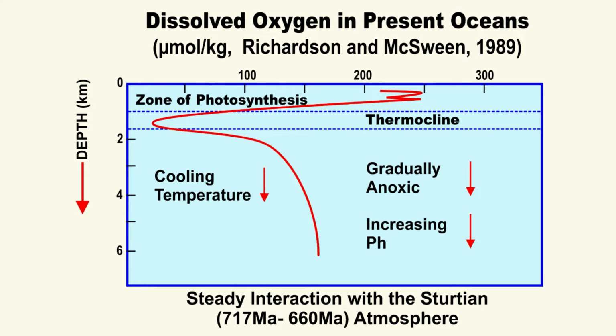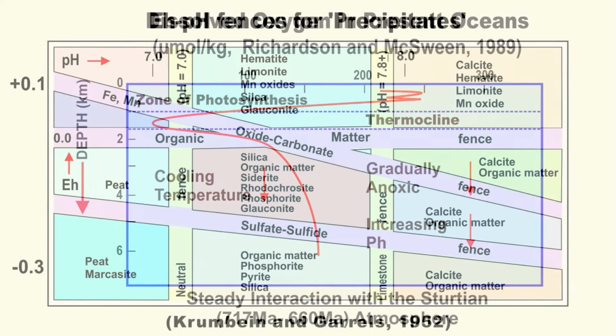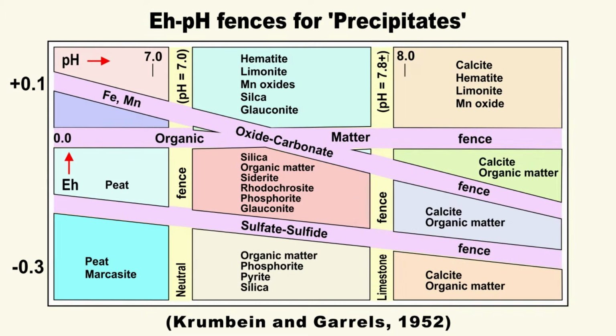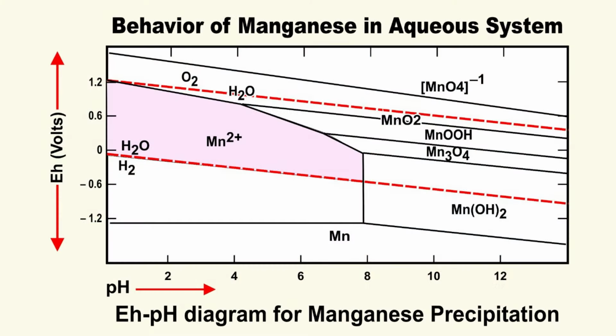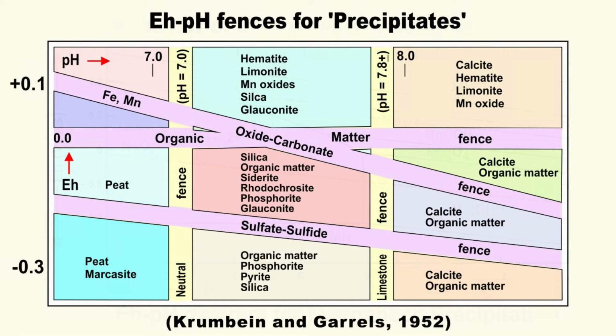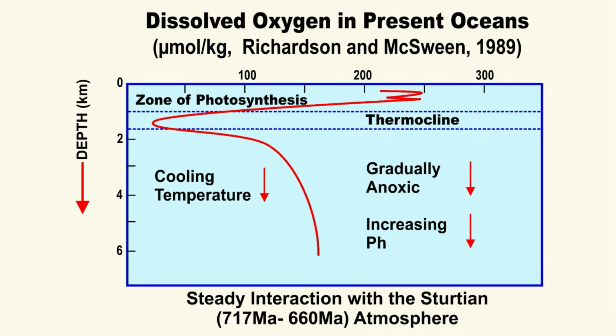This fence is shown to be sloping towards the increasing pH regions, that is, towards increasing alkalinity. It also coincides approximately with the FeMn oxide-carbonate fence. What does that imply? It implies that the increasing pH or the alkalinity helps the oxidation process in the ocean system.